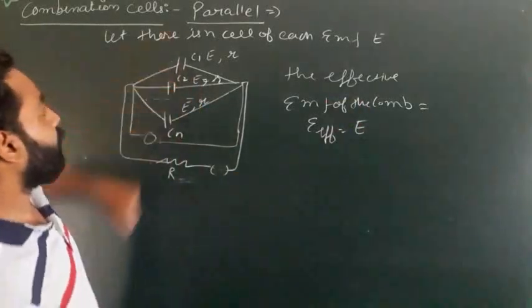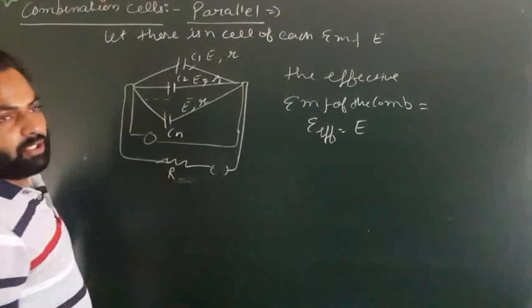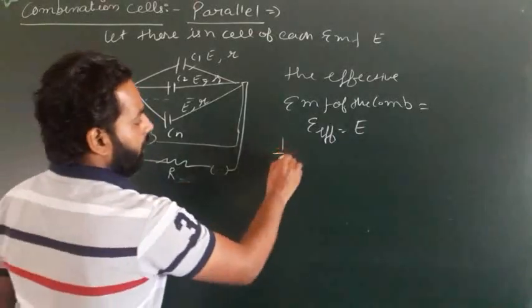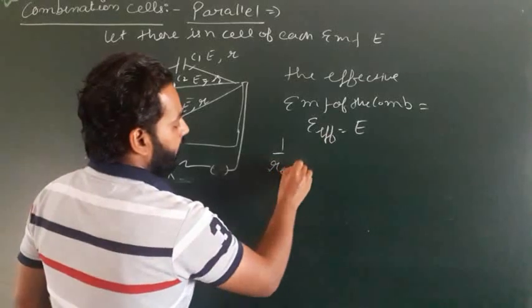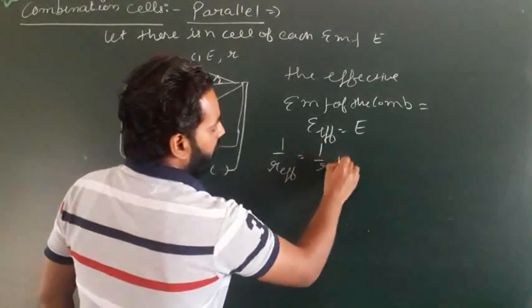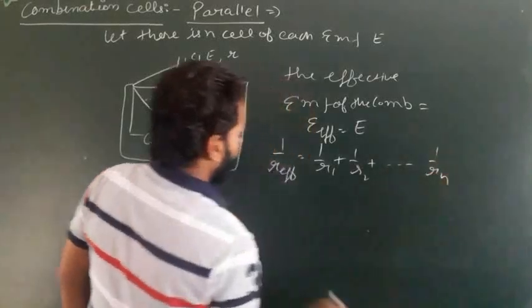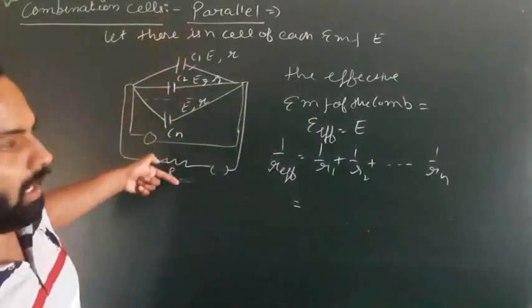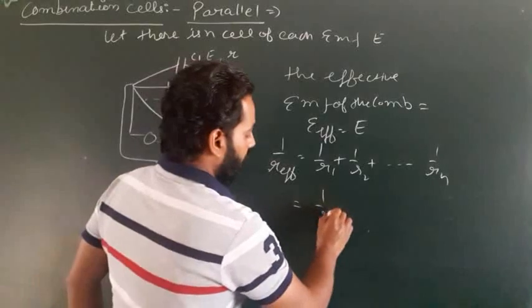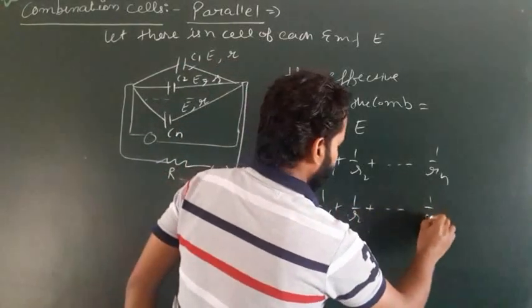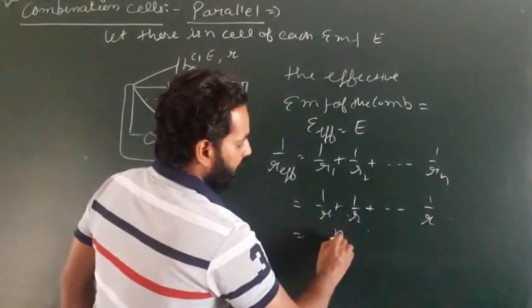Similarly, how many resistors are there? There are n resistors, all connected in parallel, so their net resistance, R net or R effective, is 1 upon R1 plus 1 upon R2 plus up to 1 upon Rn. These all have resistance r, so it comes out to be 1 upon r plus 1 upon r up to 1 upon r, which is n upon r.